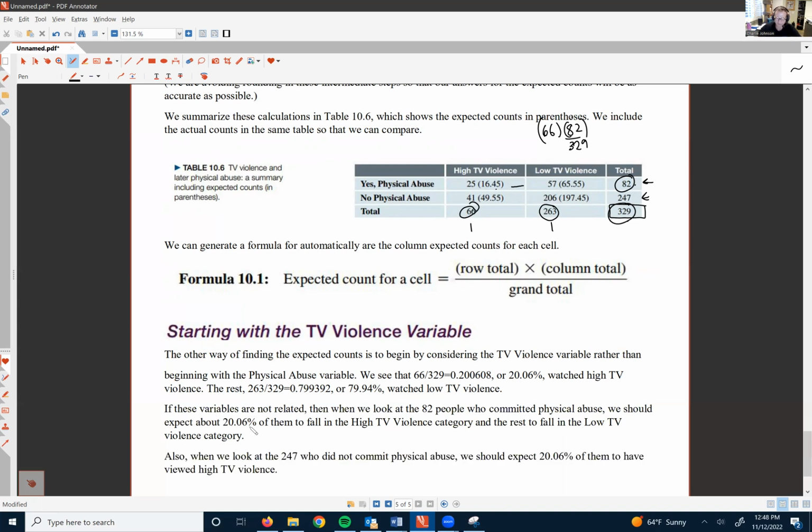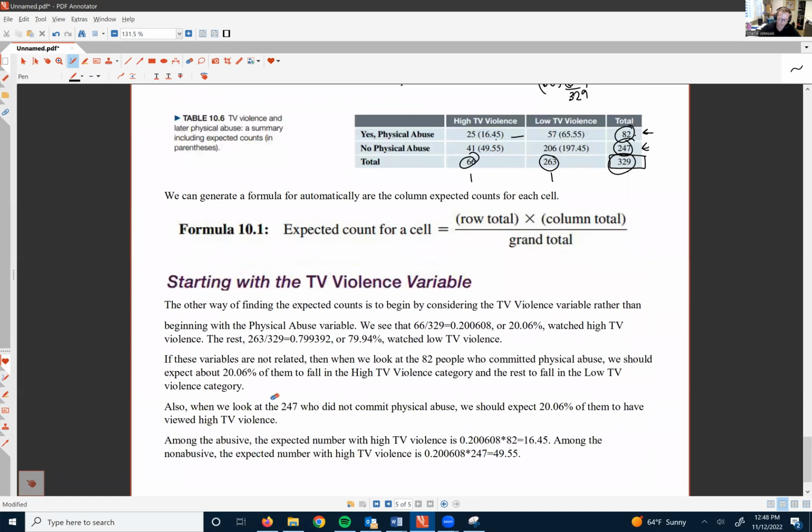Also, when we look at the 247 who did not commit physical abuse, we should expect 20.06% of them to have viewed high TV violence. Among the abusive, the expected number with high TV violence then is about 20.06% of the 82, which is 16.45, which is what we got before.